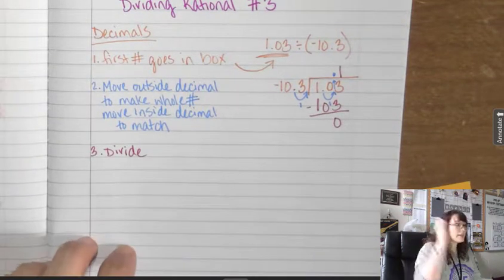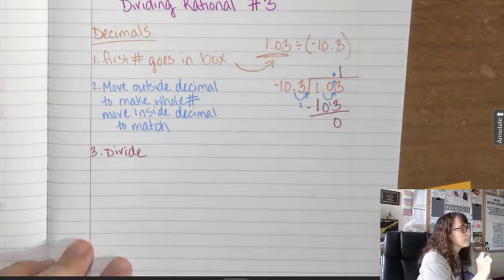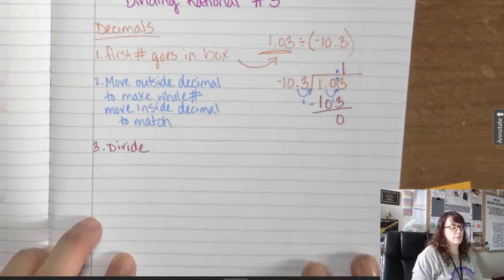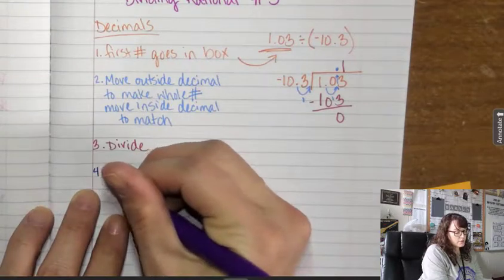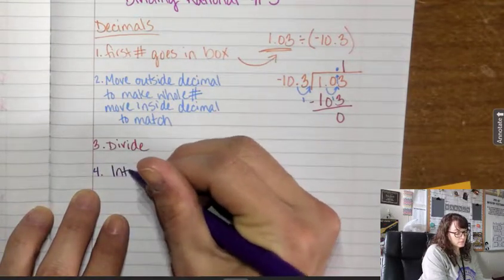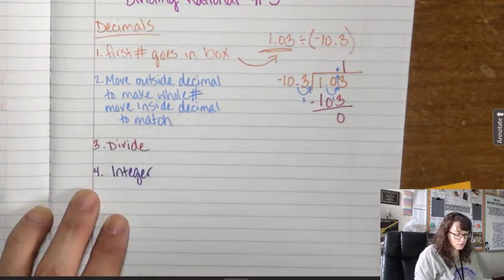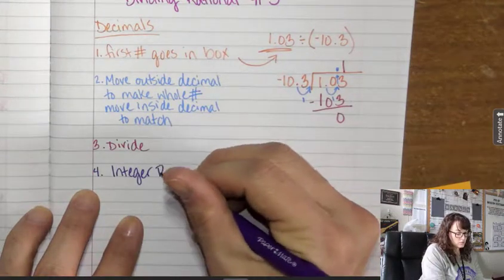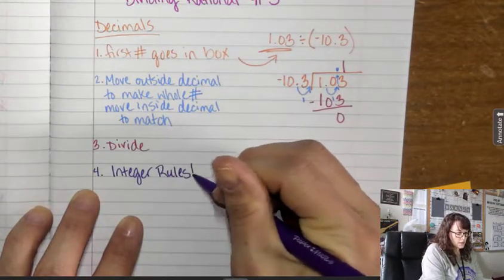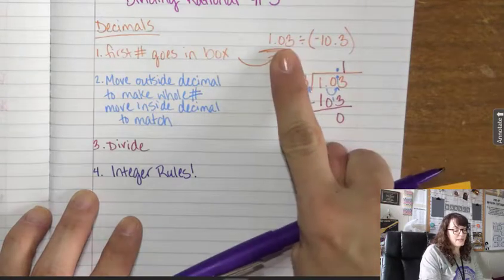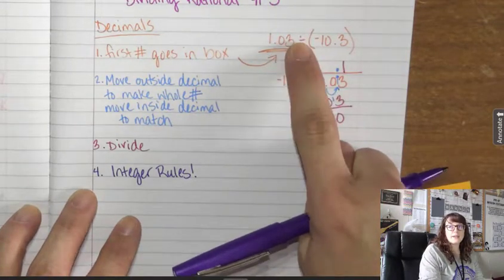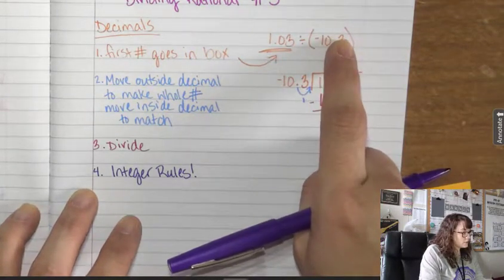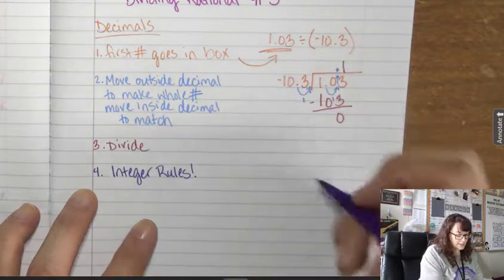The only piece of this that is 7th grade math is our integer rules. A positive divided by a negative is a negative.